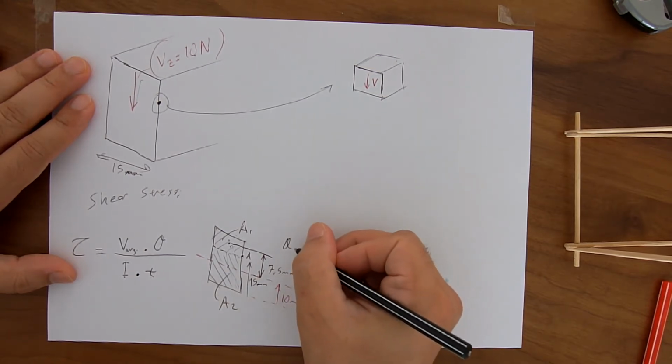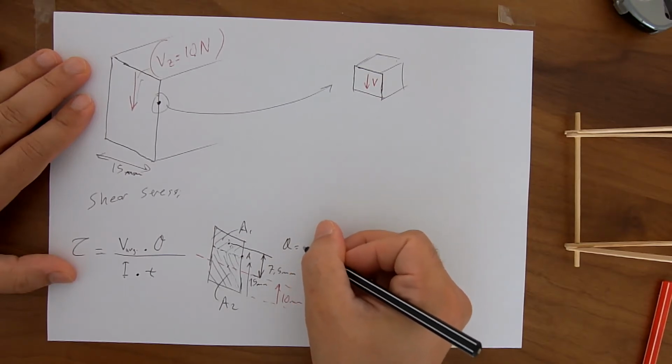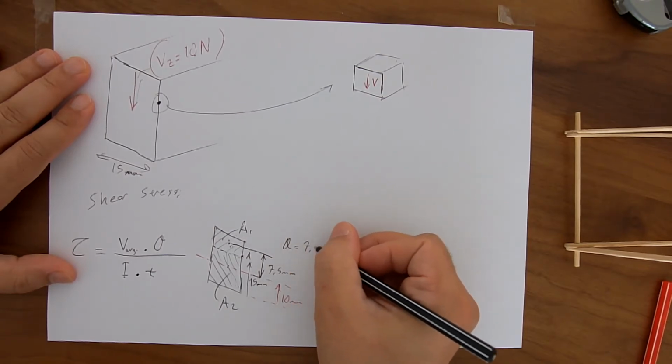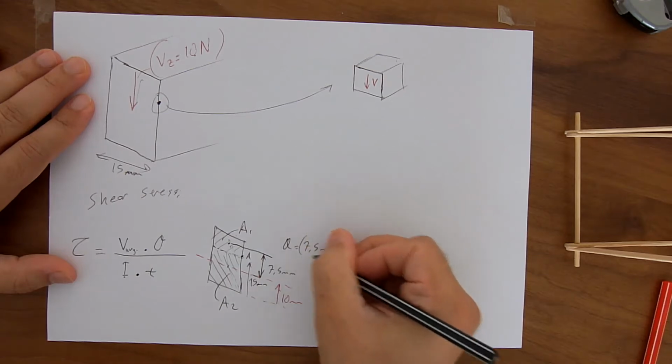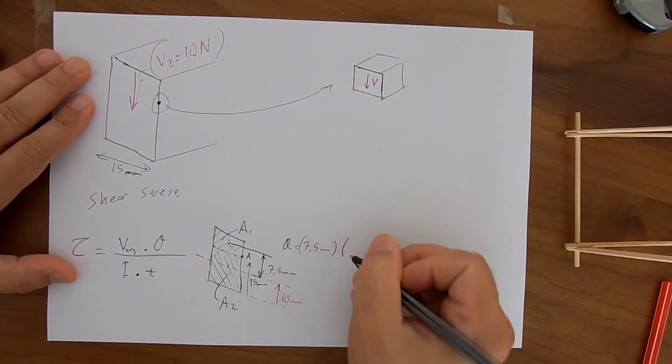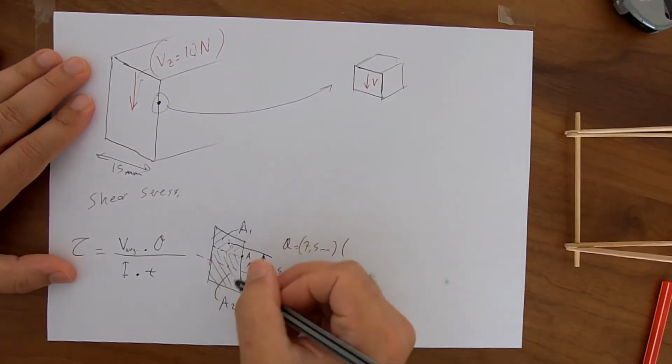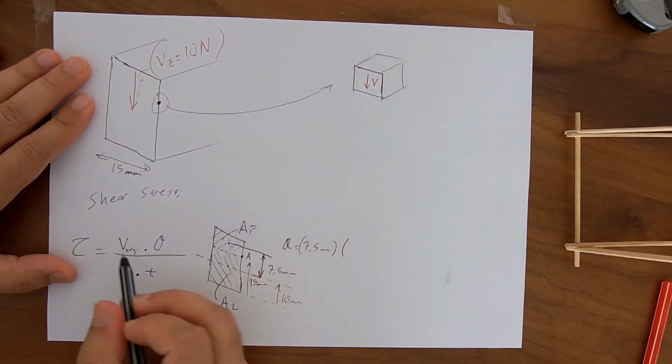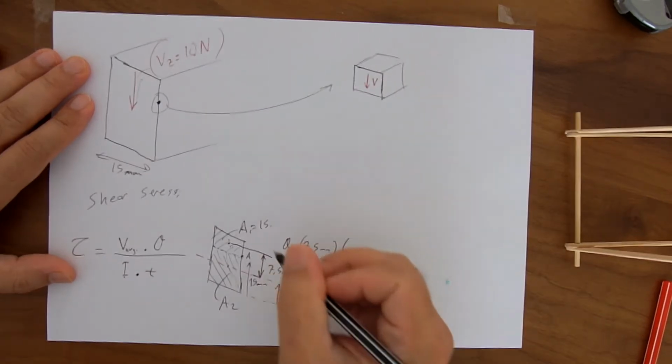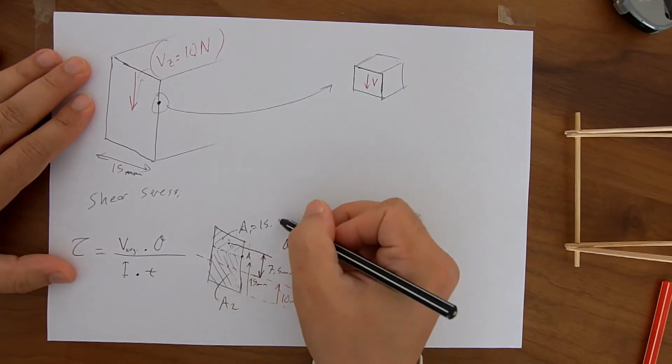Therefore Q is equal to 7.5 millimeters times A1, which is equal to 15 times the height, 5.